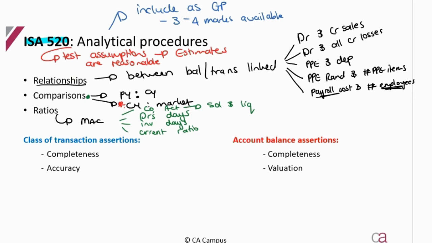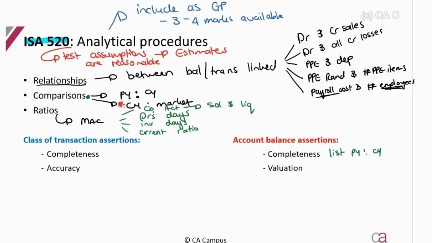So I've just put this down here under the class of transaction assertions or account balances, what assertions you would do analytical procedures for. So guys, this is in case a question says to you, I only want you to give me substantive procedures for valuation. Then just include the analytical procedures here for valuation, or under completeness, where you compare the list in the prior year to the current year to identify missing items.